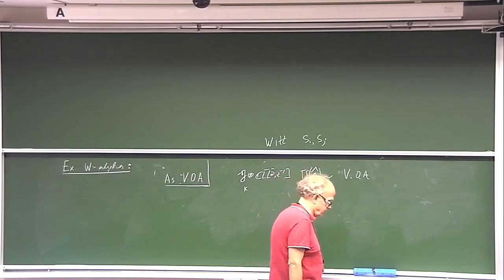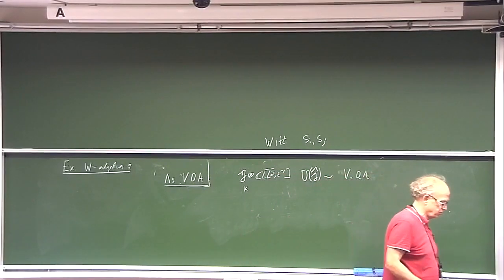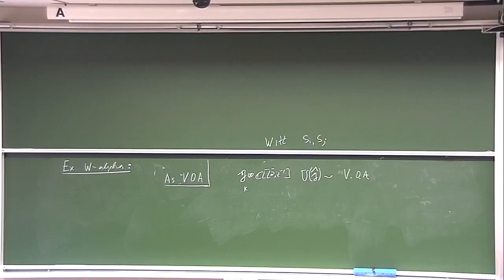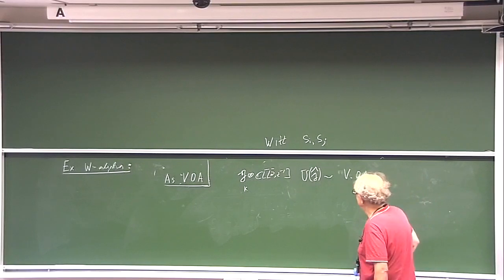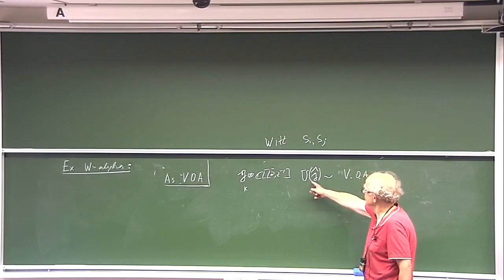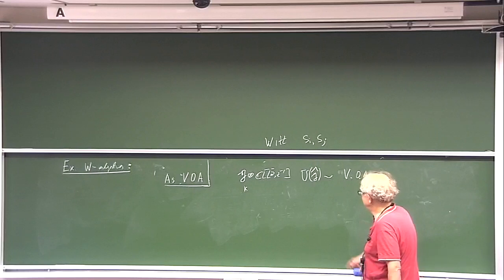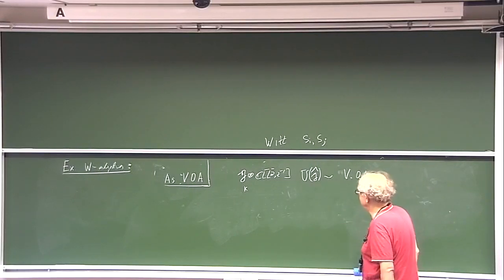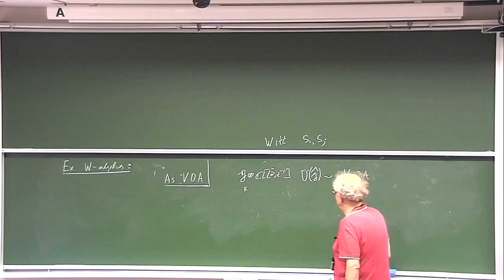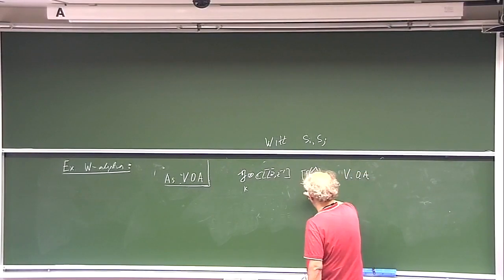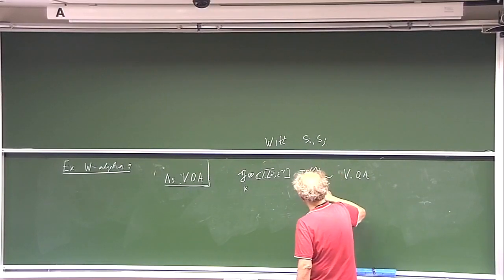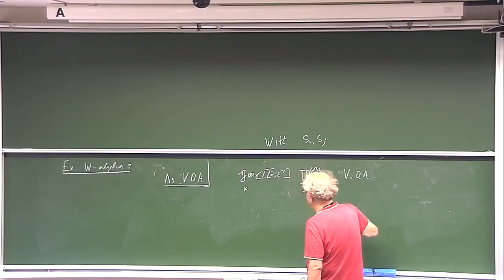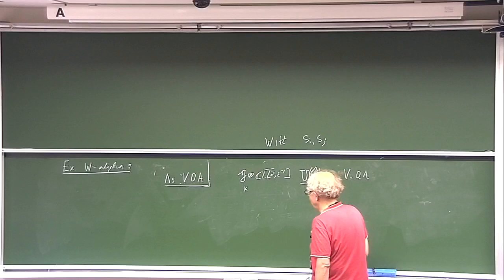Most constructions of vertex operator algebras have the following structure. They are either subalgebras in such universal enveloping algebras of G hat, or we can construct a vertex operator algebra from such an object by reduction.